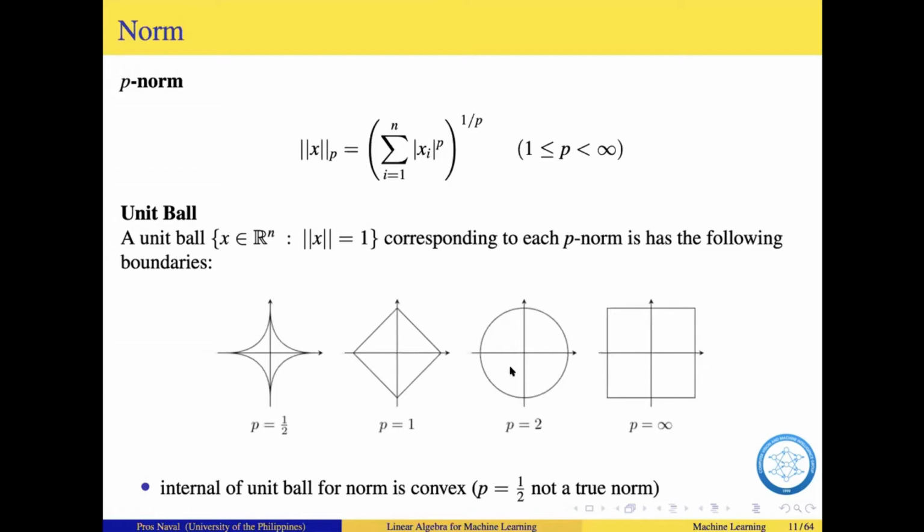For L2, the unit ball is a unit circle in 2 dimensions. In n dimensions, the unit ball is a hypersphere. The L infinity unit ball is a square in 2 dimensions, and it is a hypercube in n dimensions. What about the weighted L2 unit ball? The weighted L2 unit ball is an n-dimensional hyperellipse.